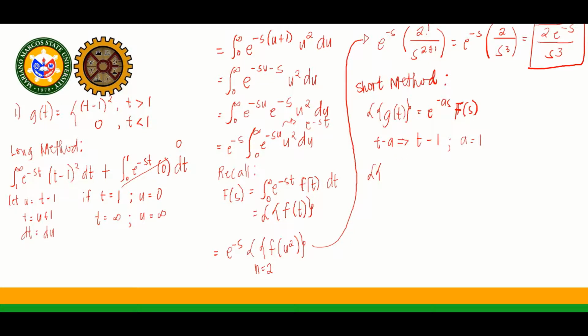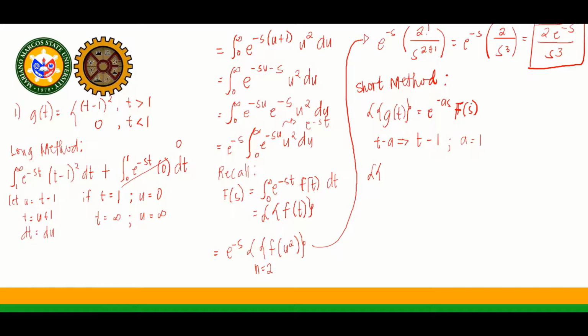Okay, so we try to solve the problem using short method. Ibig sabihin, we will not be integrating. Instead, we will be referring to the table of Laplace transforms. So recall lang natin yung formula from the definition that the Laplace of the function g of t is equal to e raised to negative as times F of s, which is the Laplace transform of this one.